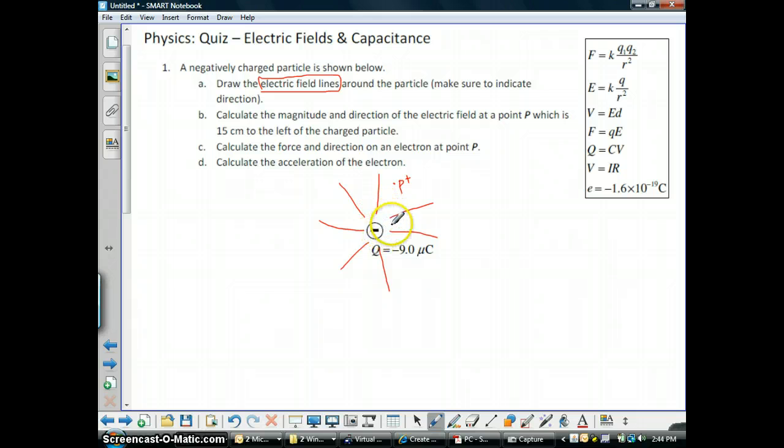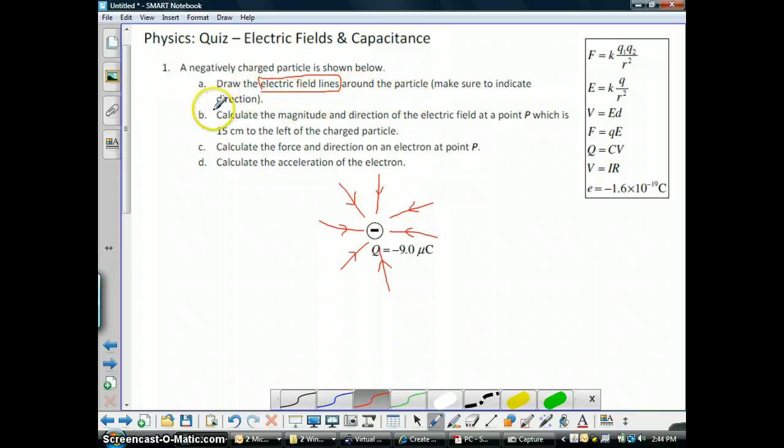So if this positive charge were to see this negative charge, it would be attracted towards it. So the field lines should be going inwards towards the charge. Again, the positive test charge isn't really there, but in order to find the direction of the electric field lines, you imagine it's there.